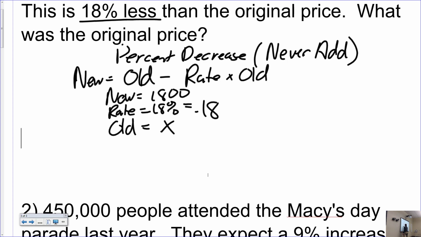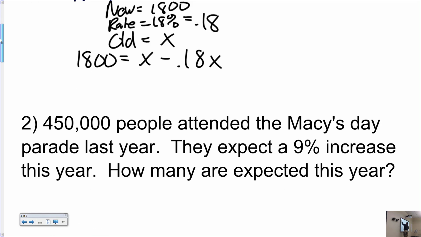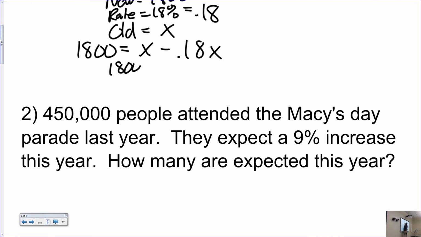So 1,800 equals X minus 0.18X. What is X minus 0.18X? Okay, good. So 1,800 equals 0.82X.